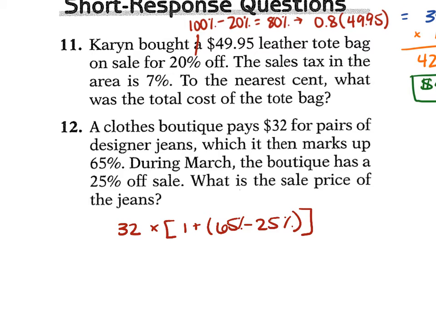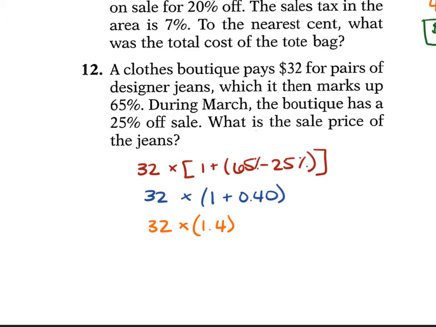The 65 minus 25 gives us 40. So 1 plus 40% is what we'll multiply the 32 by. So the 32 is being multiplied by 1.4, which gives us $44.80.